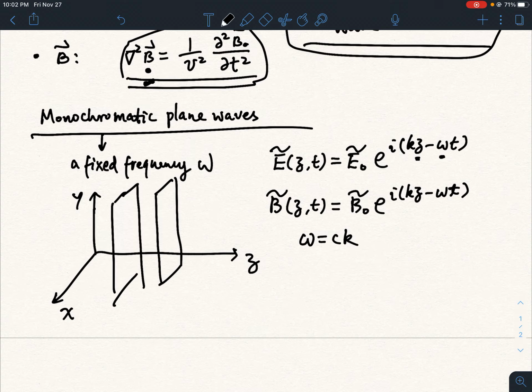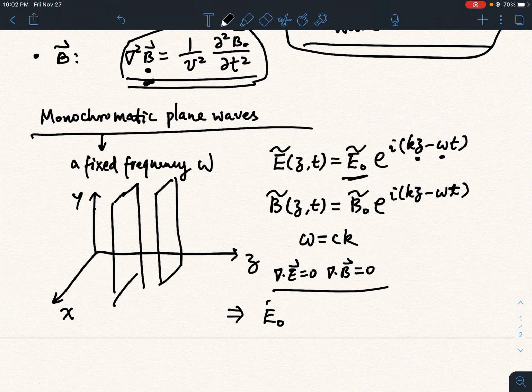Now, because we have del dot E equals 0 and del dot B equals 0 in vacuum, let us consider this case. From here you will be able to see that the amplitude has no z component.